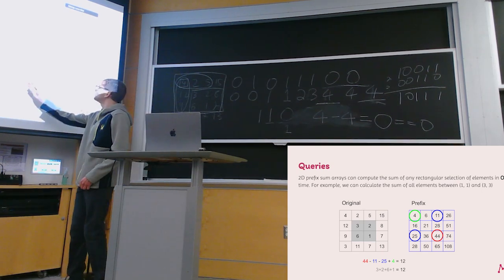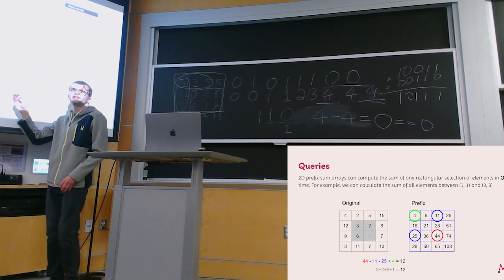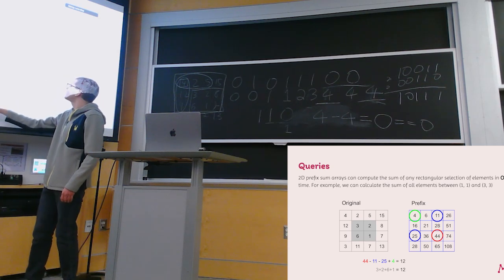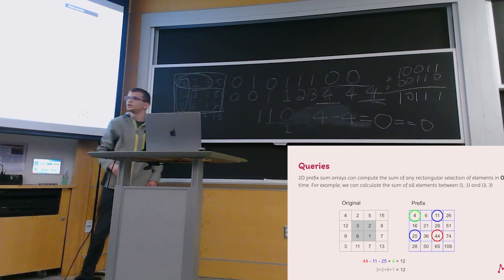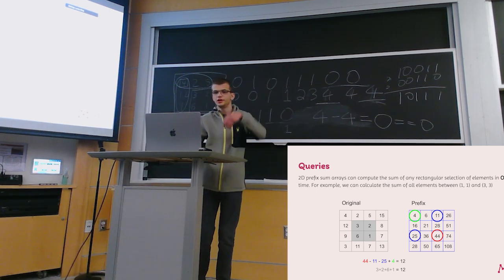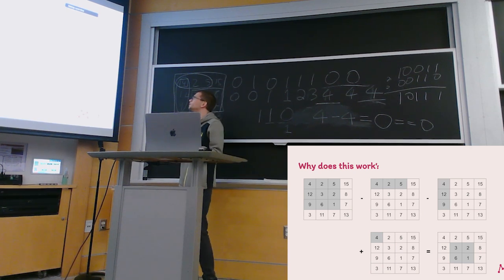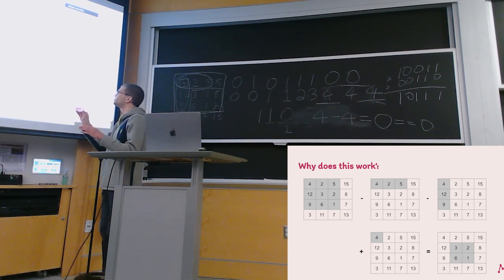We have already computed these four values, and there actually exists a constant time formula to find the sum of the subrectangle based on only these four values in our pre-computed prefix sum array. The reason this works is quite similar to the one-dimensional case, and we can draw it out to see it better.